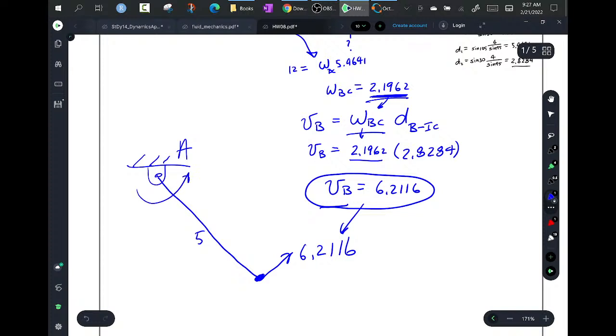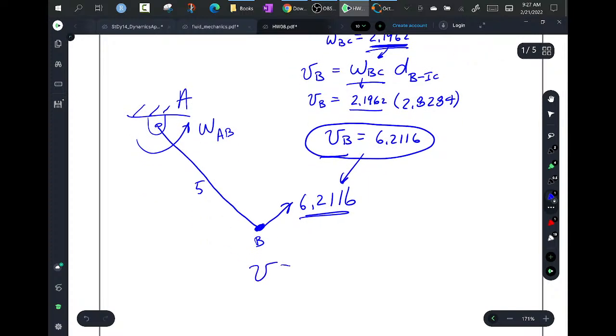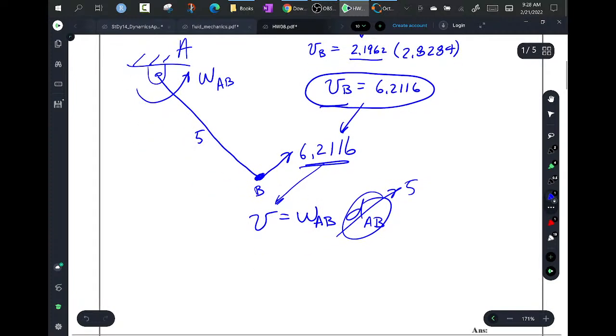Now, we're looking at omega AB. B sits on both links, so it has a common velocity. Then velocity is equal to omega AB times the distance from A to B, which in this case was just equal to 5, and this velocity is still that.